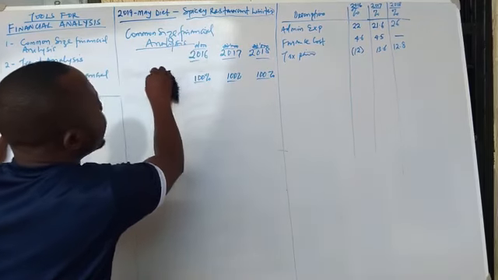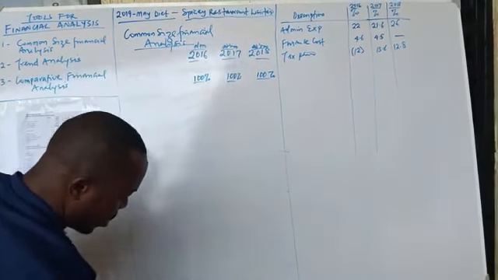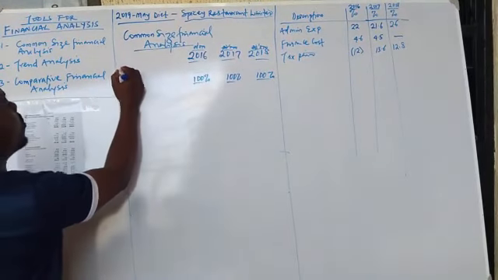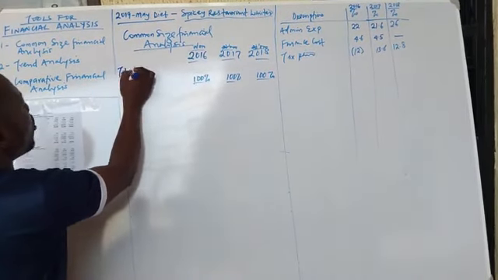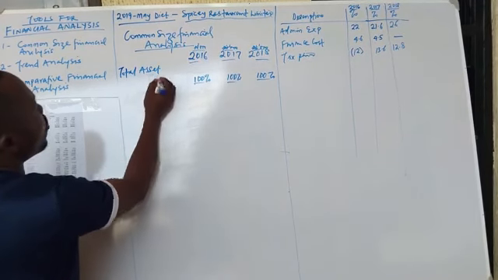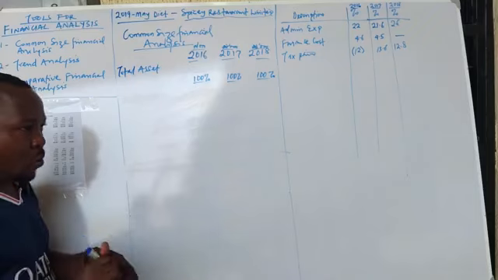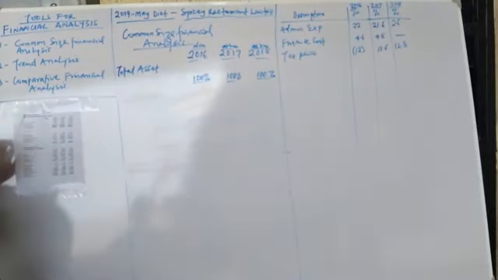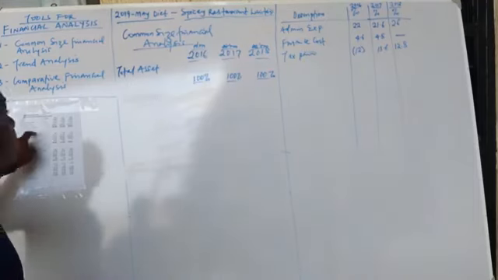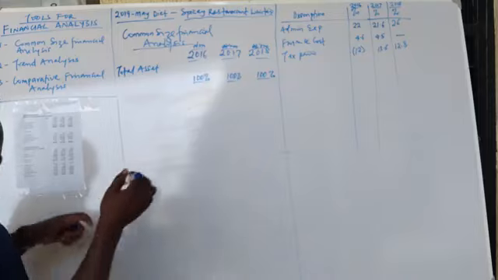In the statement of financial position, you're going to use total assets as your basis to measure performance. But in the statement of profit or loss account, income statement, you use the revenue. But in this statement of financial position, you're going to use total asset.